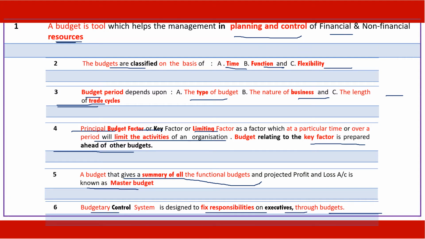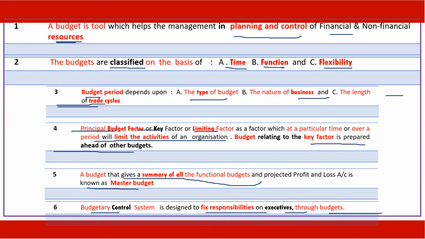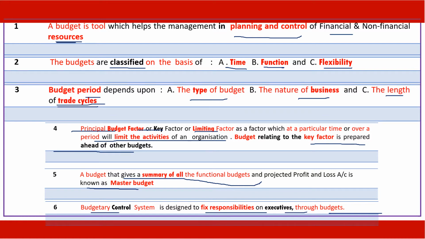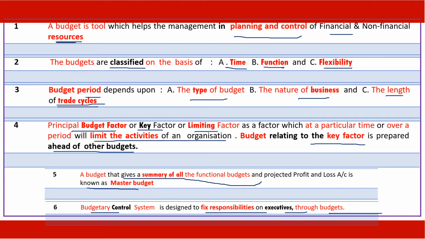It's a tool which helps planning and control of financial and non-financial resources. Budgets are classified based on time, function, and flexibility. Budget period depends upon the type of budget, nature of business, and the length of trade cycle. Key factor, limiting factor, or budget factor is the one which at a point in time or over a period of time limits the activities of an organization.